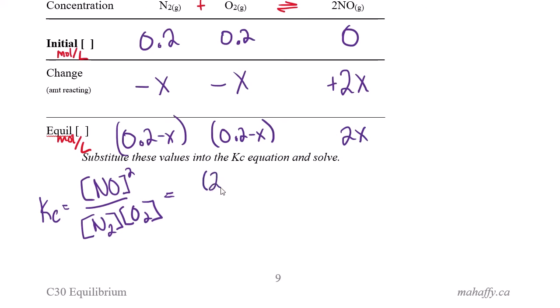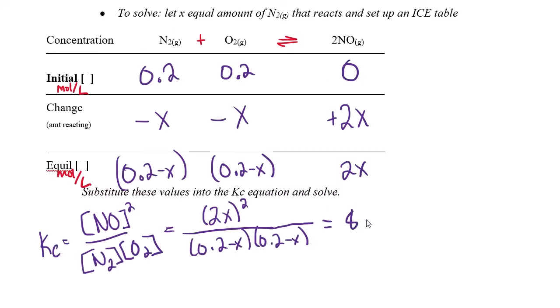It is 2x all squared. And on the bottom, these guys, 0.2 minus x times 0.2 minus x. And all of that is equal to my Kc, which was 8 times 10 to the negative 2.